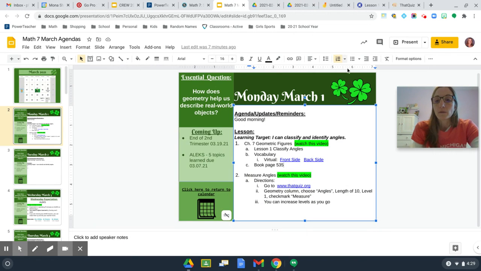Once we go through some vocabulary, we're going to look in the book and practice some examples on page 535. Lastly, we'll go into that quiz, and I'm going to show you how to measure angles with a protractor. Right now, make sure the vocabulary worksheet is in front of you and you have a pencil, then pause the video, make sure you have all that ready to go, and then we will begin.